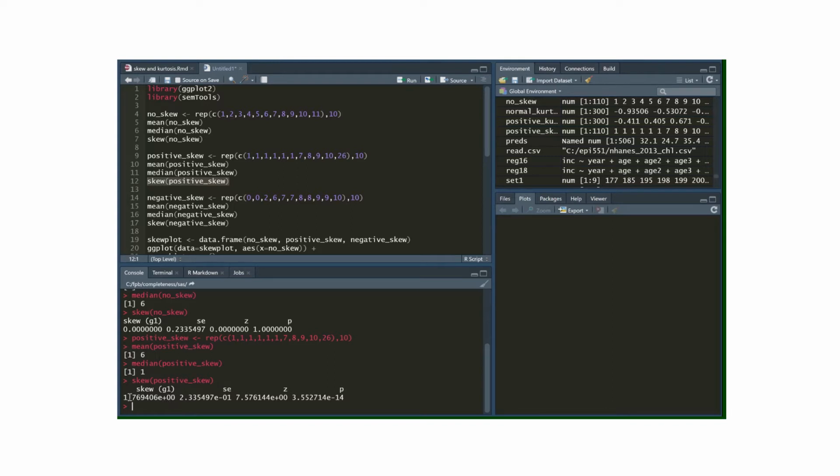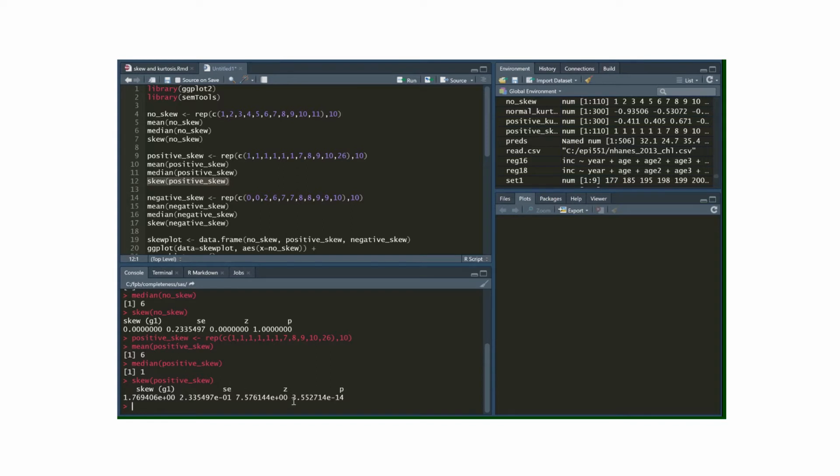So in this case, 1.769 times 10 to the 0. 10 to the 0 is 1. So this is just 1.769. However, the SE statistic is 2.335 e to the minus 01. So that's 10 to the minus 1, or 0.1. So SE in this case is equal to 0.2335.